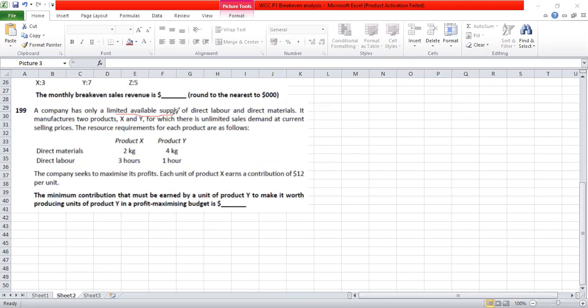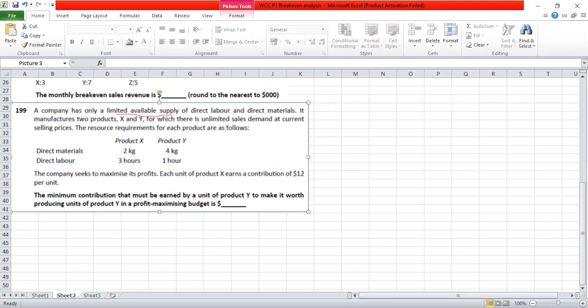It manufactures two products X and Y, and there is unlimited sales demand. Any number of units produced can be sold in the market. But to take up the production itself, there are certain constraints. Here direct labor and direct material are the constraints or limiting factors.